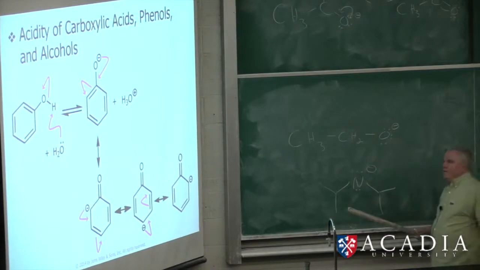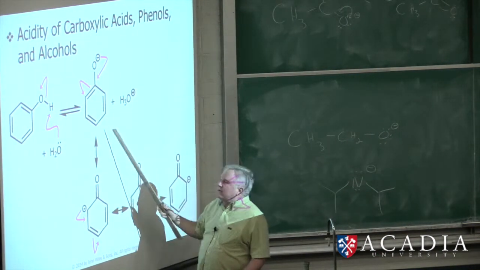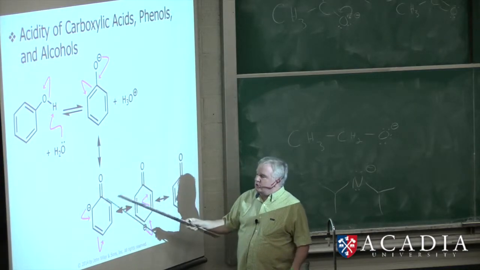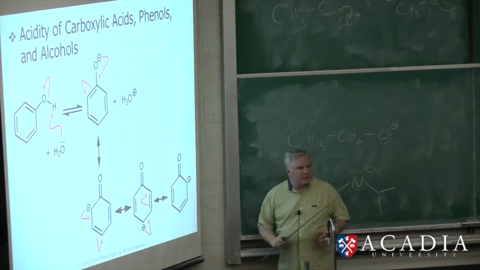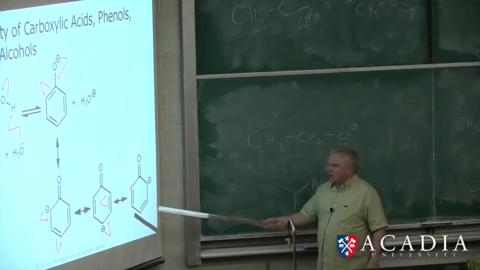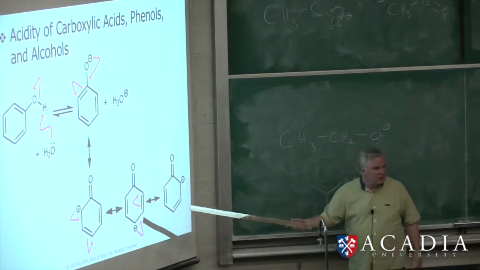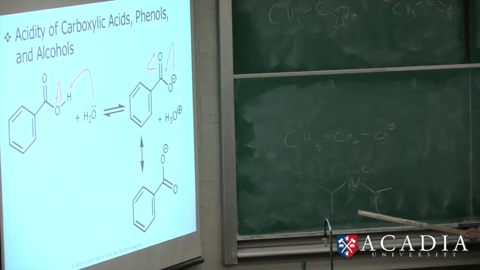When we form this thing, the phenoxide anion, we can draw different resonance structures where we distribute that negative charge along the carbons. Now, notice I can draw a lot more resonance structures for this compound than I could for this compound.